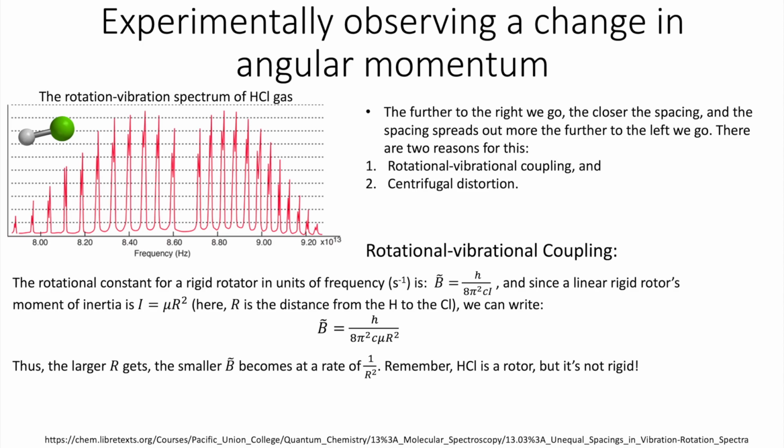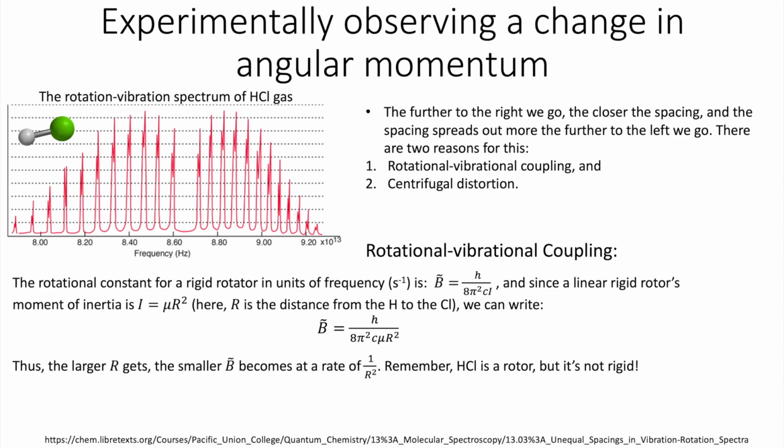We're just talking about two masses here, and r is the distance from the H to the Cl. So in that case, our B tilde we can write as h over 8 pi squared c mu r squared. Thus, the larger the r gets, the smaller the B tilde becomes, at a rate of 1 over r squared.